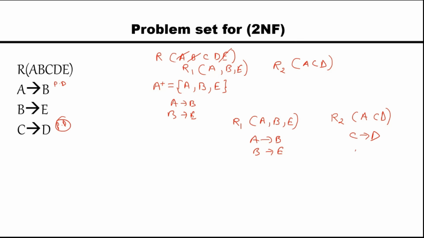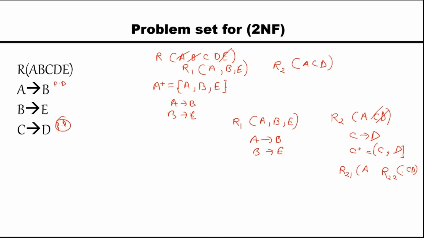And how can we solve this? Now the problem is quite easy. C plus, if you are trying to find out, will give C and D. So you have to cut C and you have to cut D. So the first relation you would write like this, R22, and in this you would write CD, and the remaining attribute you would write in R21, and the remaining attribute is A. What should be the common attribute between these?